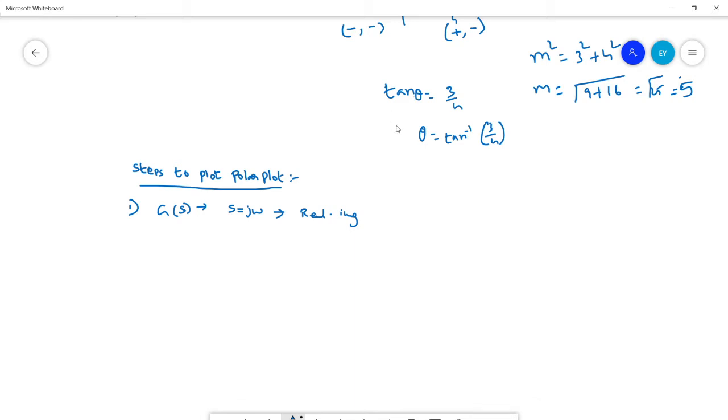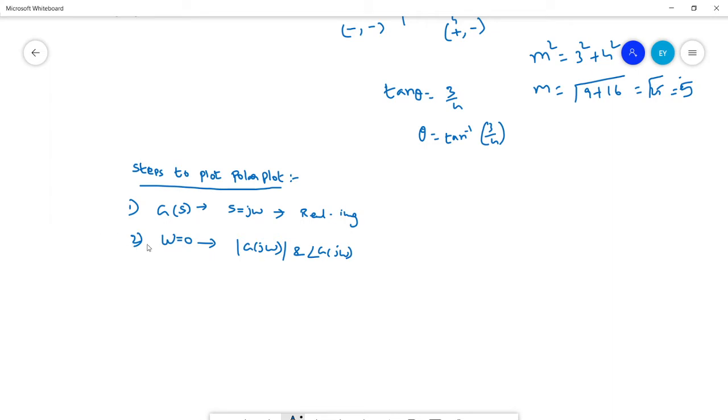Then, as the second step, you need to substitute omega values. Omega is equal to 0. You need to substitute omega equal to 0 and find the magnitude of G of j omega and the phase of G of j omega.